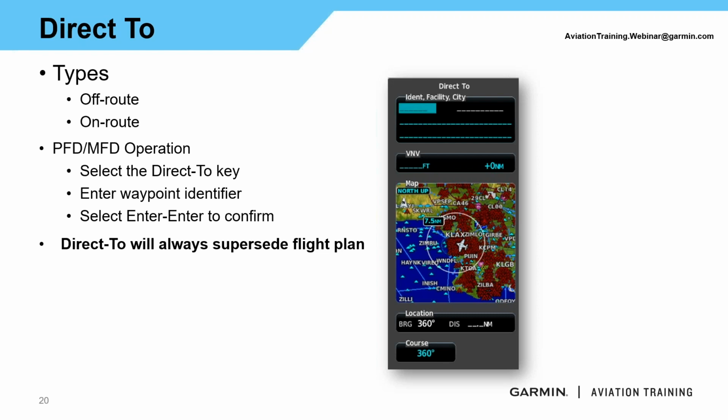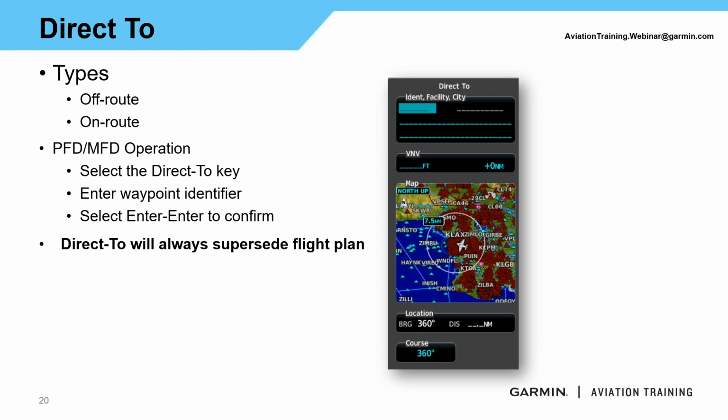So we're going to get some other features out of this other than present position to a fix Direct To. It will always supersede a flight plan. What that means is the navigation that's in the flight plan, I may or may not be flying on it with my CDI or autopilot or hand flying, but what's in the flight plan, that nav will no longer be there. It will be superseded by the Direct To that I place.